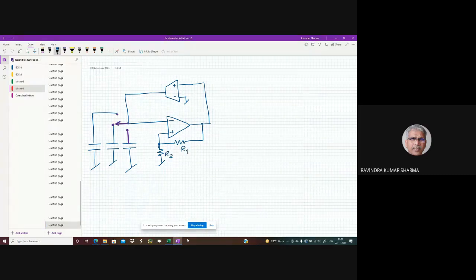So R1, R2, then you can write here C1, C2, C3.